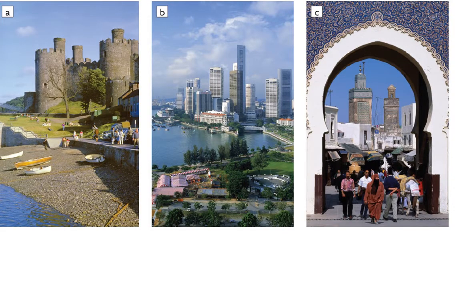These are the three photos which are shown on page 11. Photo A, we can see there is a castle. C-A-S-T-L-E.